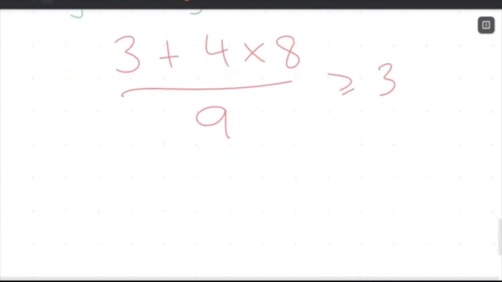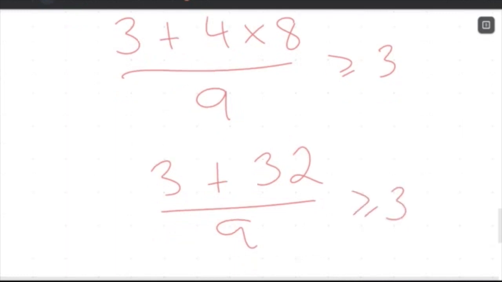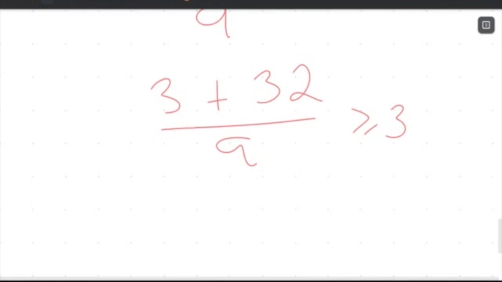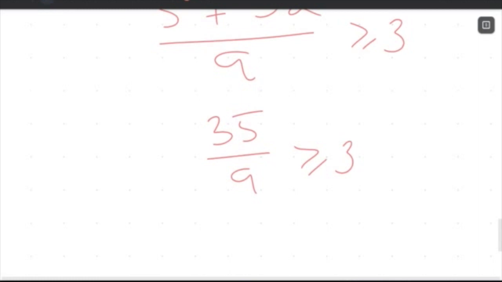4 times 8 gives me 32. So 3 plus 32 divided by 9, greater than or equal to 3. Now I'm going to add my numerators, and that gives me 35 over 9 greater than or equal to 3. Now I'm not going to get the nicest answer here, so I'm just going to round it.